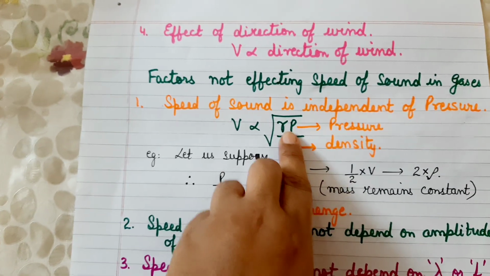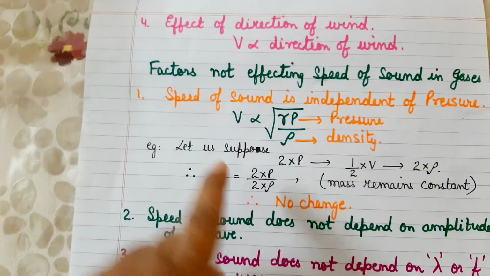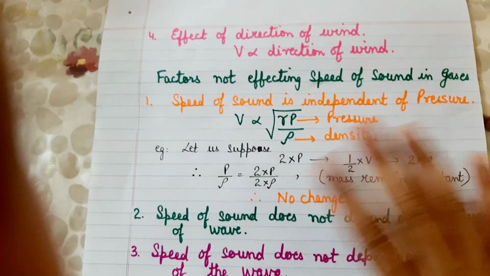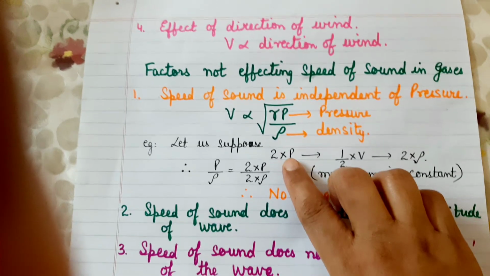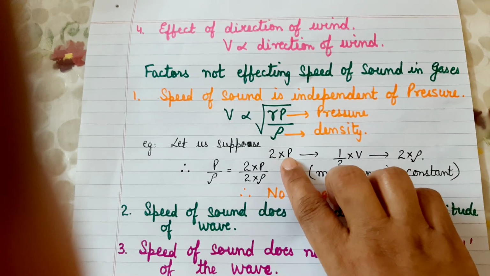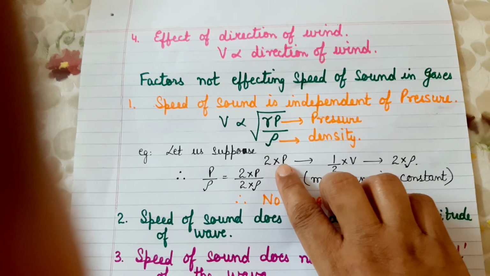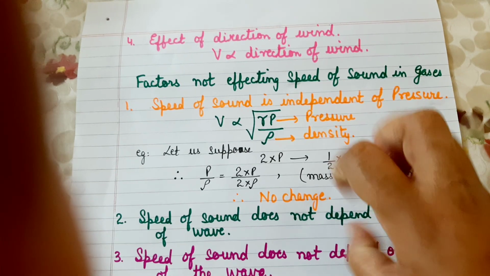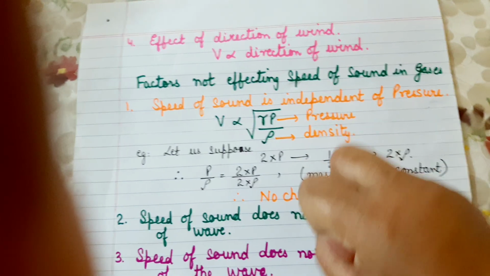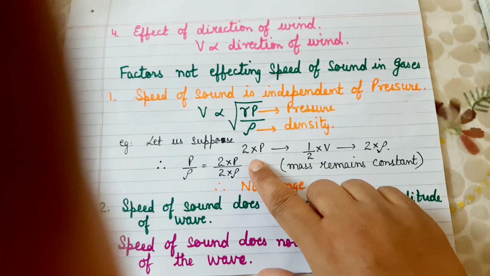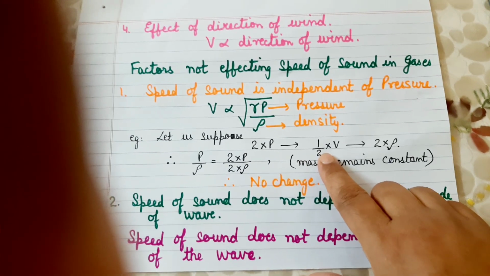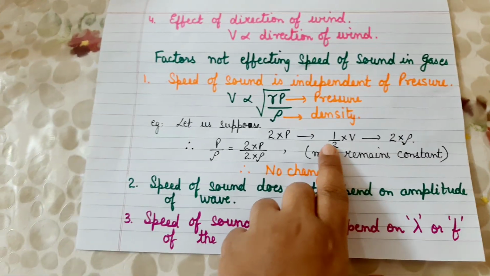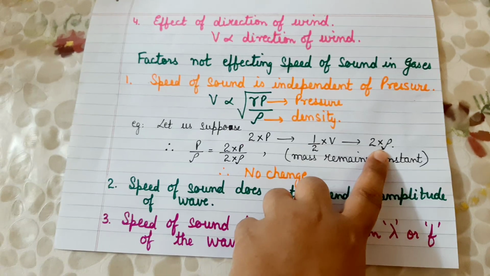Now let us look at why pressure is not related. Let us suppose the pressure of air is doubled. When the pressure of air is doubled, the volume of air reduces to half, right? And when the volume is reduced to half, the density also doubles.